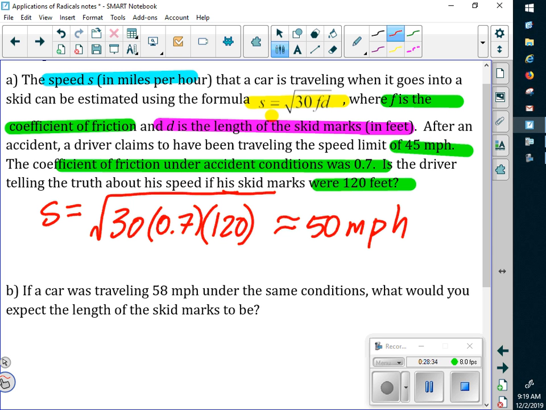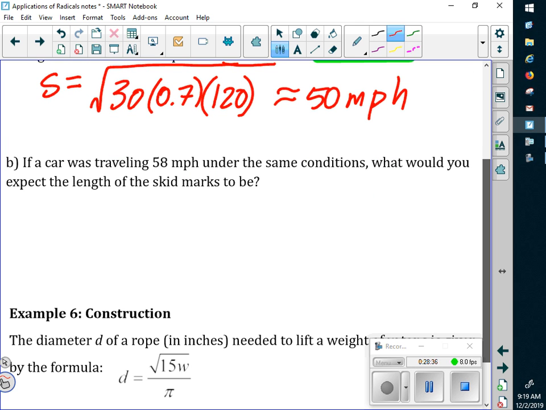All right, look at part B. If a car was traveling 58 miles an hour under the same conditions, what would you expect the length of his skid marks to be?